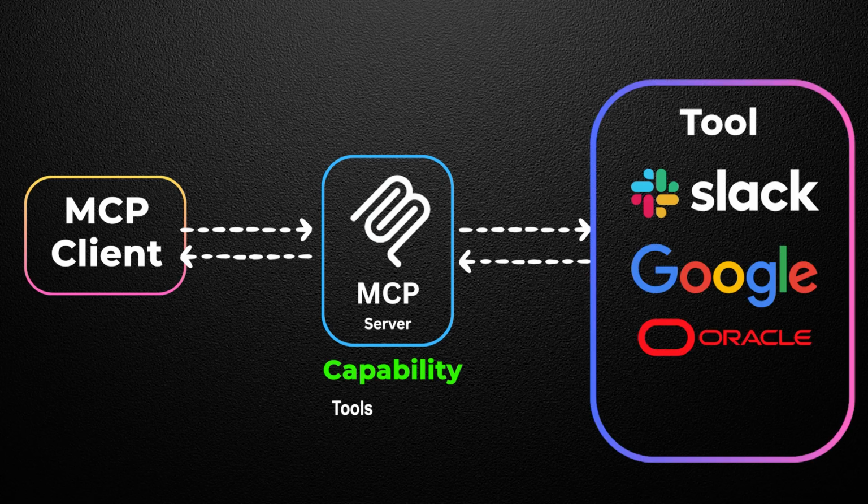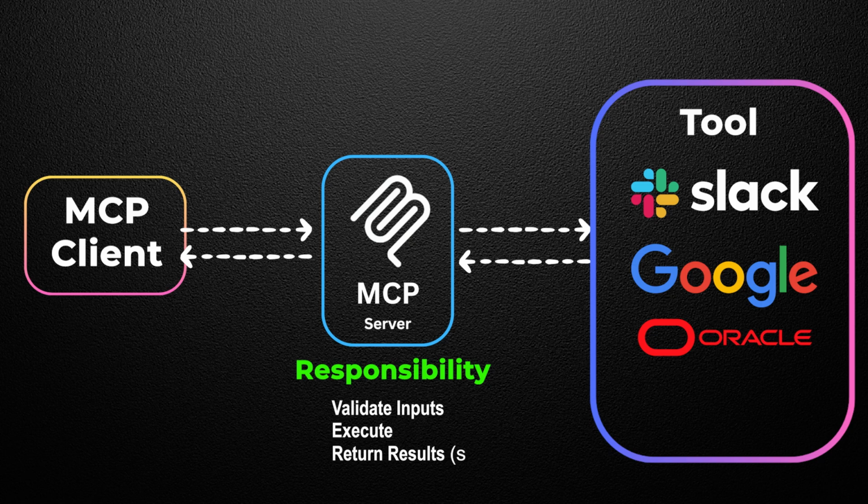This could be tools, prompts, or resources. The server is responsible for validating inputs, executing work, and returning structured results over a transport. This transport could be STDIO or streamable HTTP. This server is always listening for requests on a port, just like a REST API.